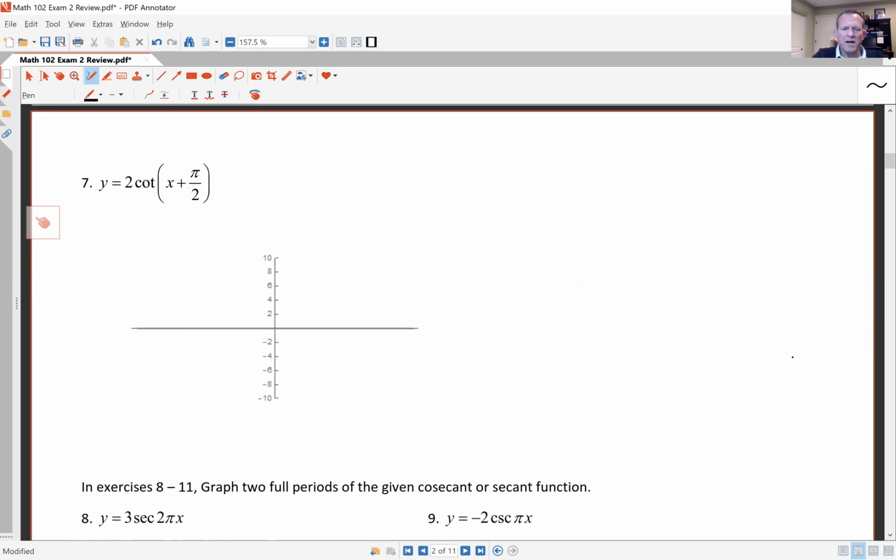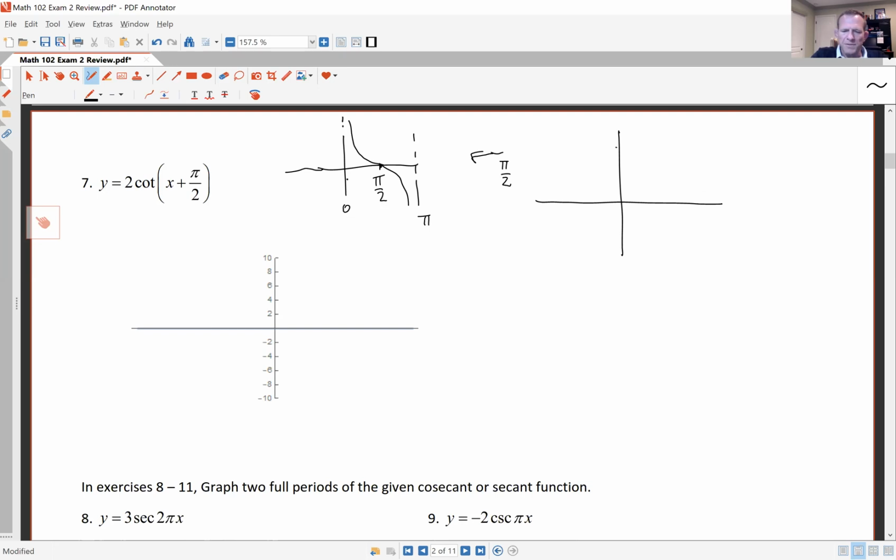Now we've got a plus pi over 2. So we're taking the graph of cotangent that goes from 0 to pi, and this point being my pi over 2. And we're going to shift everything to the left pi over 2. Shift everything to the left pi over 2.